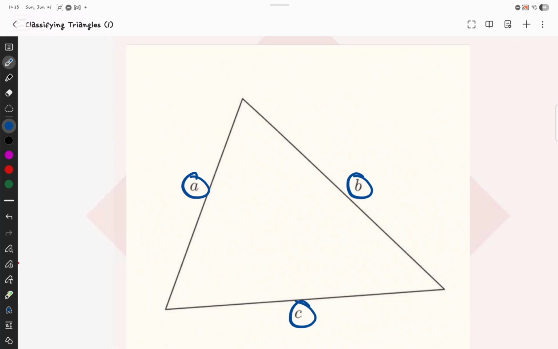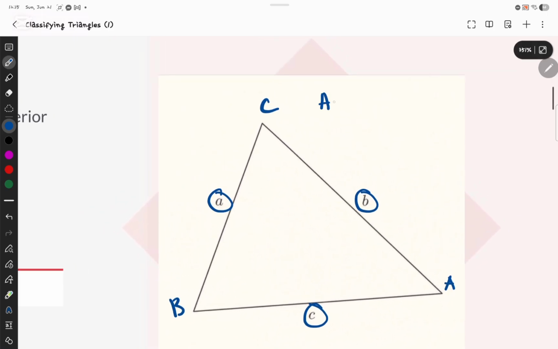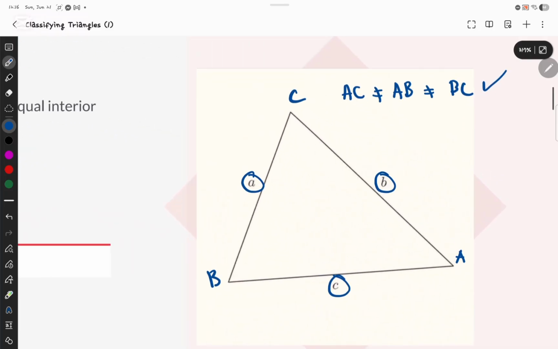So let's label that B, C, and A. So a scalene triangle means that AC is not equal to AB, and it's also not equal to BC. Okay, the length of these sides.